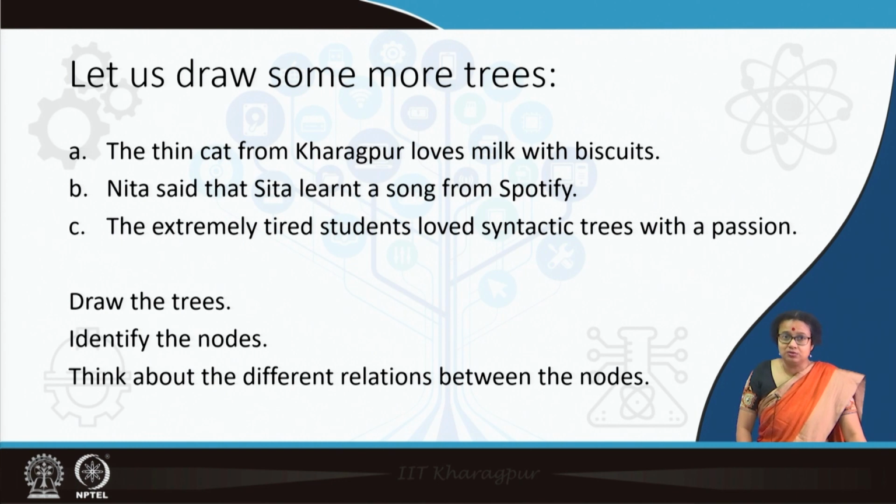So, identify the nodes, both root and terminal as well as non-terminal, and also think about different relations between the nodes. After drawing each and every tree, you can make notes for yourself that the relationship between this and this node is a sister relation or a sycophant relation or whatever you can identify.